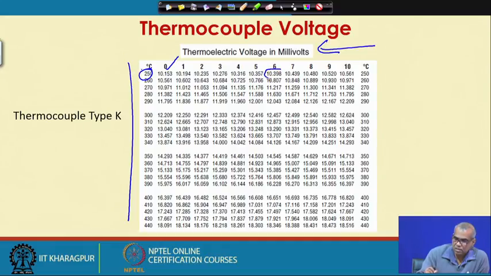So, this is the EMF produced when the measuring junction is 256 degree Celsius and the reference junction is 0 degree Celsius. So on and so forth. You can read the thermoelectric voltage from this table easily.